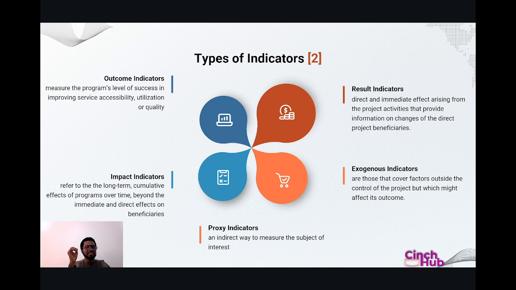There is a clear example for a proxy indicator. In health intervention, particularly in HIV intervention, when you want to measure viral load coverage. Now, on the indicator reference guide, a proxy indicator was used to calculate viral load coverage, where you look at the number of people on treatment 6 months ago and the number of people with viral load results 6 months after.